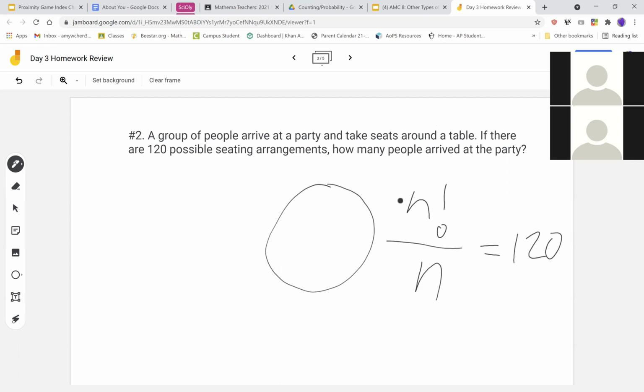Then this expression n factorial over n would just be n minus 1 factorial. That would be equal to 120. So what factorial equals 120? 5. Yes, 5 factorial. So that means this n minus 1 part is 5. So then we can just solve n equals 6, like Wes put in the chat.